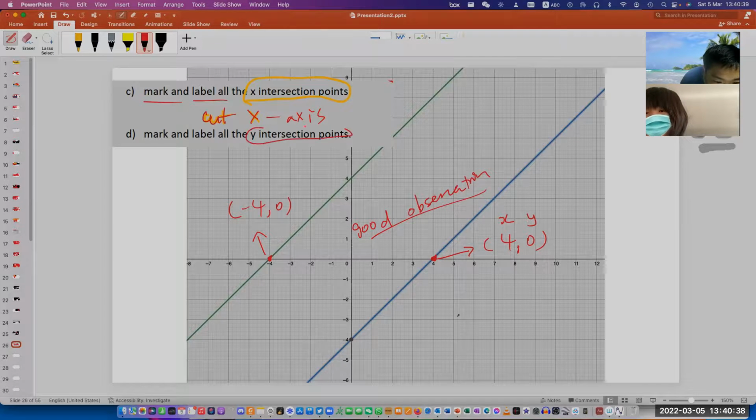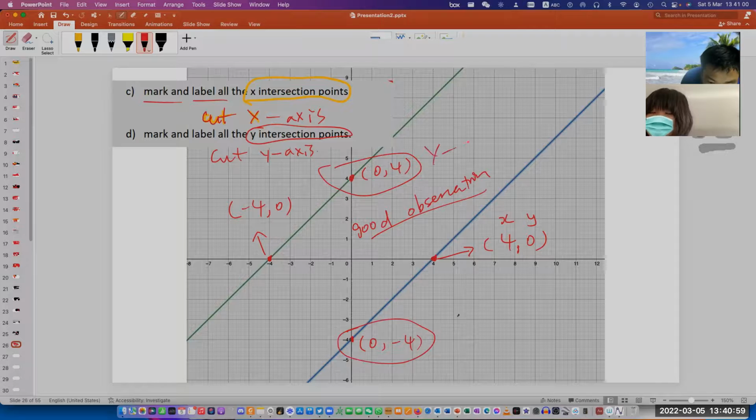So the y intersection point is where it cuts the y-axis. This is the point 0 and 4. Then this is another point, 0 and negative 4. So I also have labeled and marked.